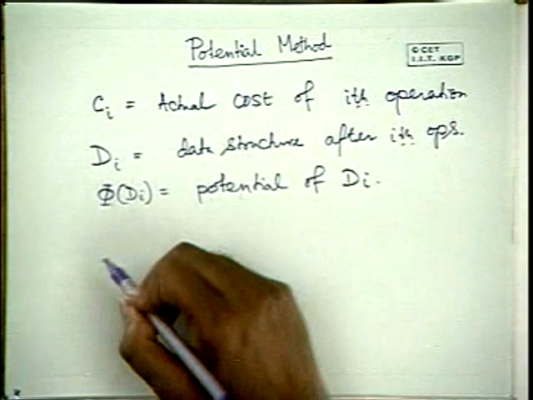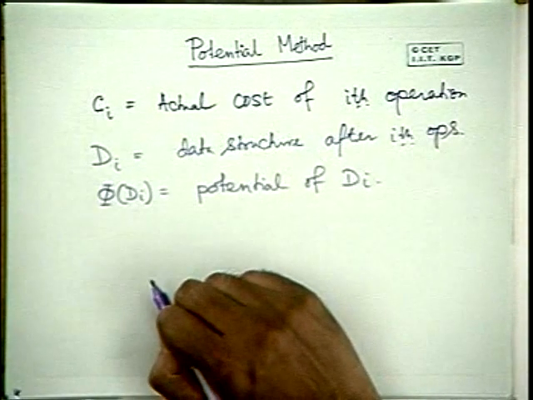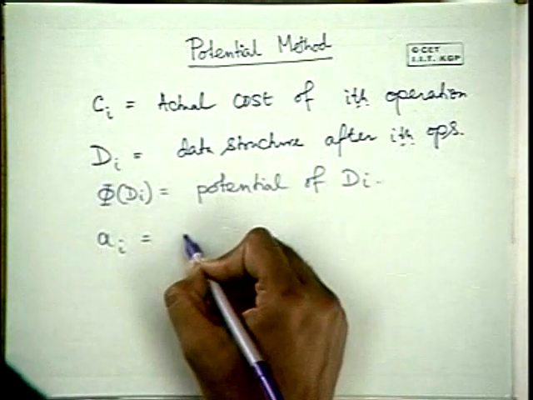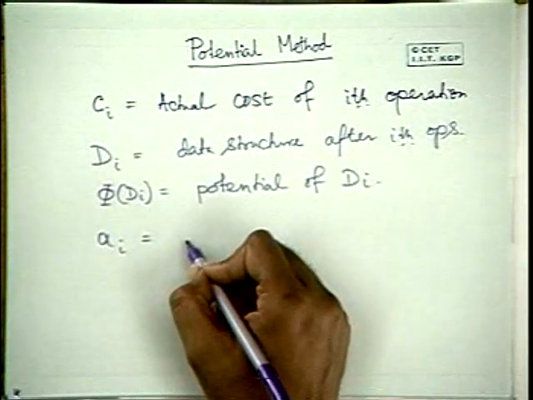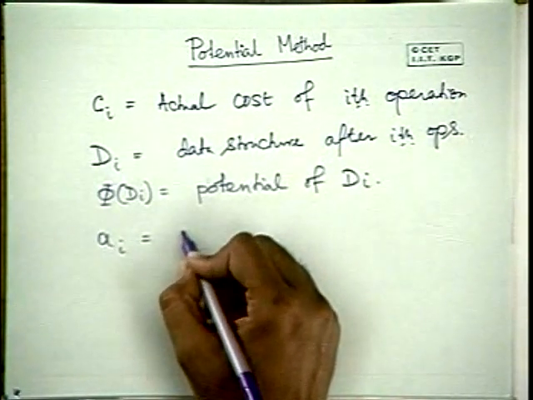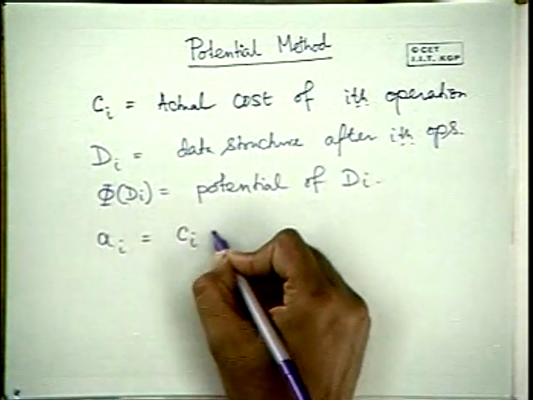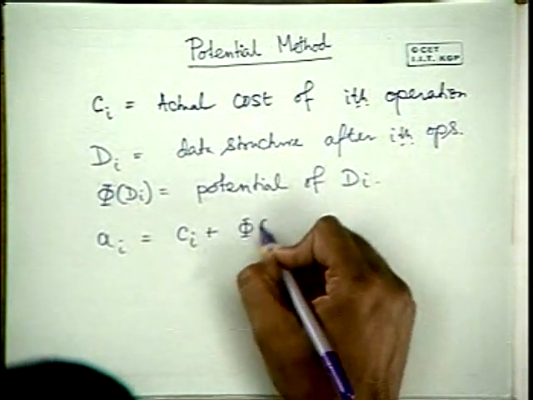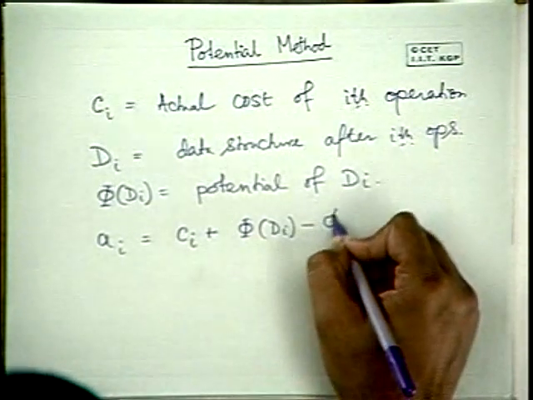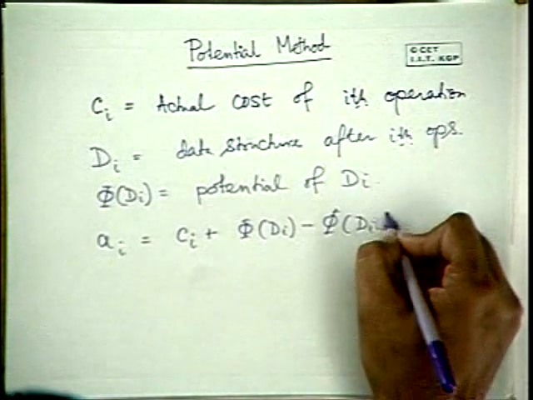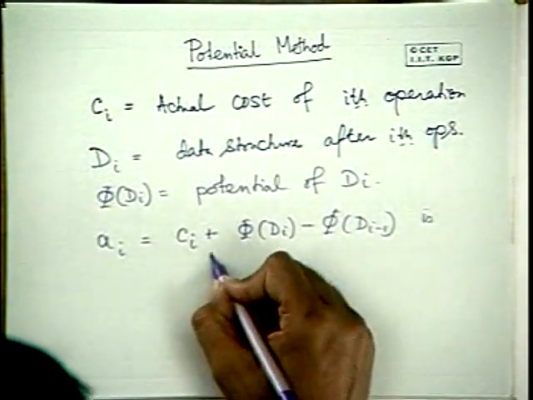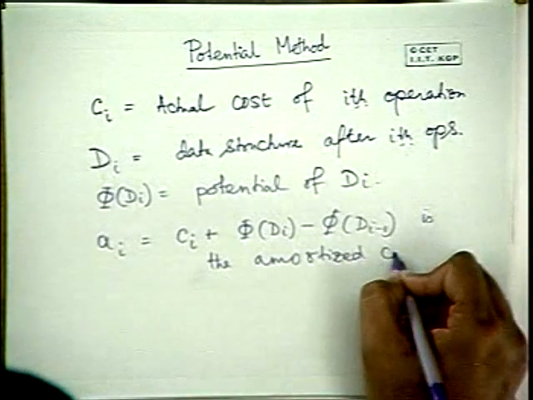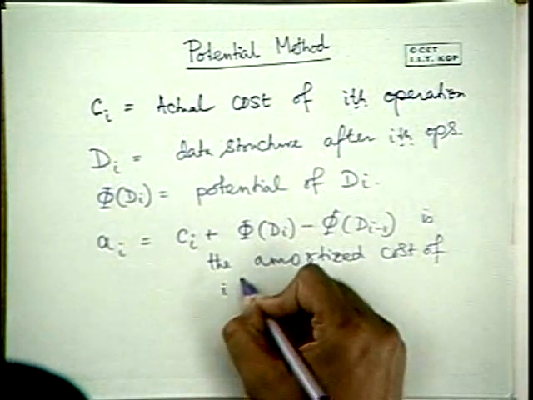Some charges, as if this data structure Di is accumulating some charge. Now let Ai be the amortized cost. What is amortized cost? It is defined as Ci plus the change in the potential, which is phi of Di minus phi of Di minus 1. So this is the amortized cost of the ith operation.